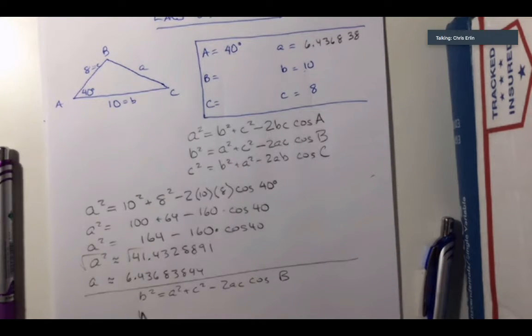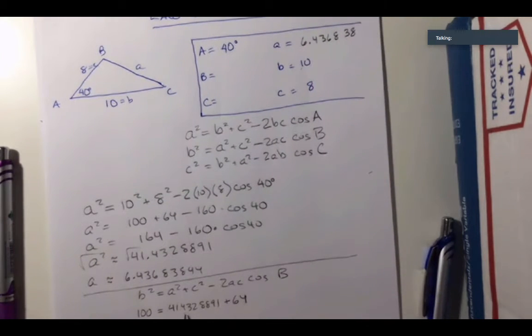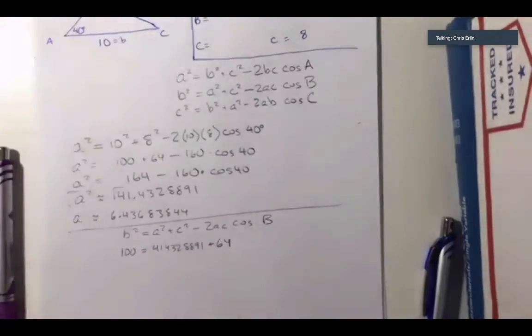So I'm going to say that 100 equals, well, I know that if this was the square root of 41.4, then this would be a squared. So 41.4328891 plus 64, because that's 8 squared. And I want to keep this with as many decimals as possible because there is a rounding error in here.